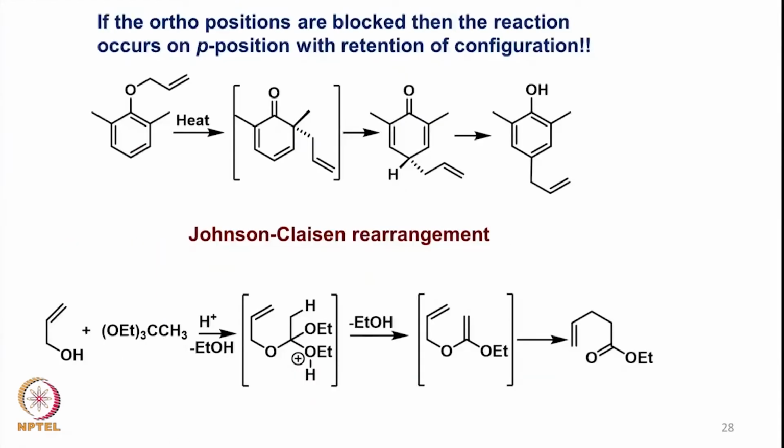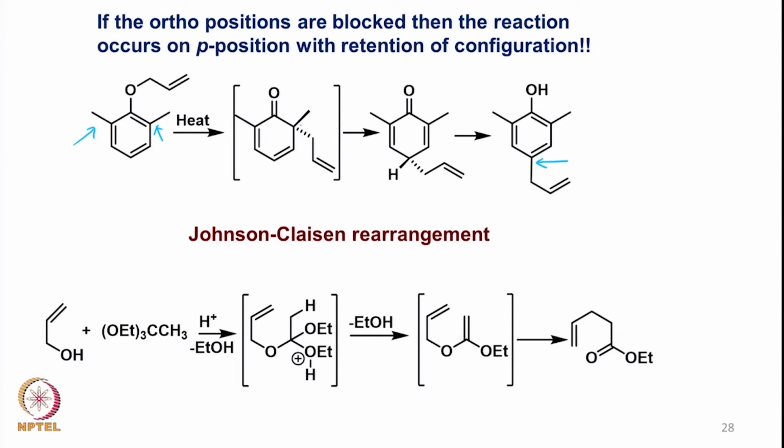position. Now if the starting allyl-vinyl ether is somewhat differently substituted, for example the ortho positions are blocked, in that case for example here if they are blocked, then one can expect that when the heating is done, the substituent goes into the para position, as you can see here, but it proceeds via two types of reactions.